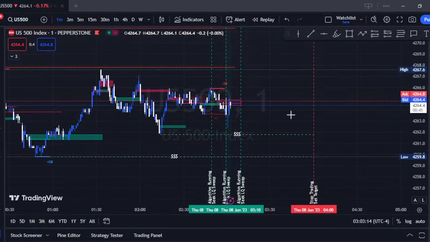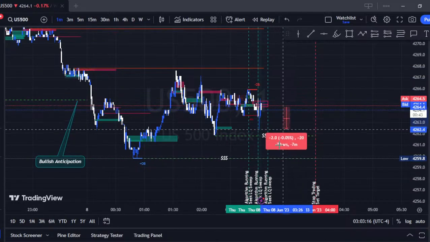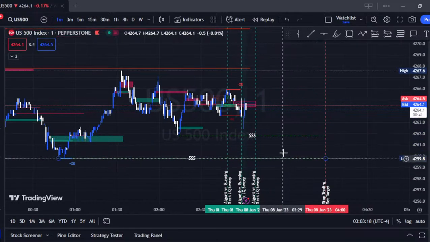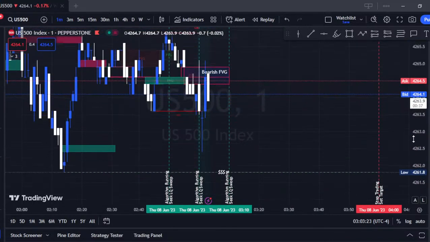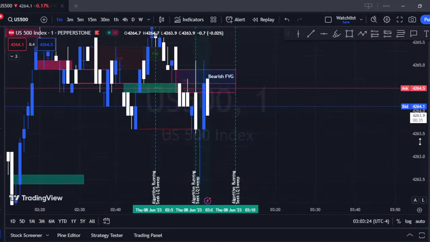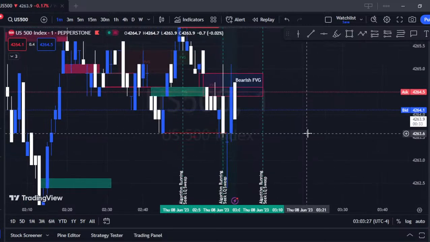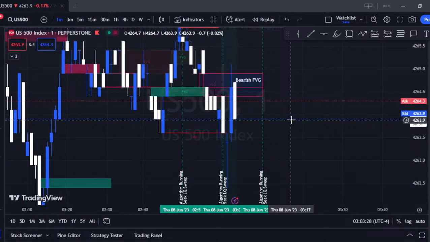Okay, how many handles is that thing going down? Only 4 handles. No, can't do that. I will be zooming in a little bit more because I'm really missing the move.